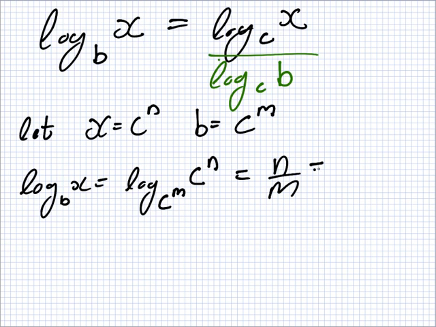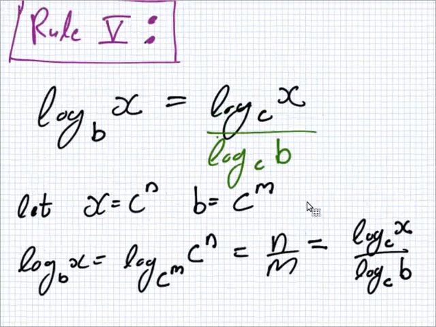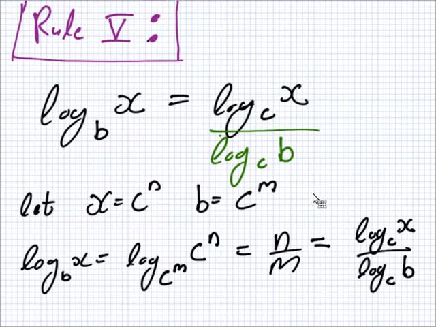Now, n I can write as log_c x, because that's what n is: c to what power makes x? n. And what could I write the bottom as? log_c b. So actually, yeah, that's the proof. Okay, not that bad. So, if you can write this down, please.